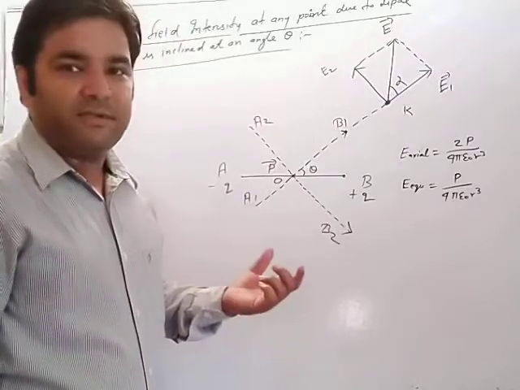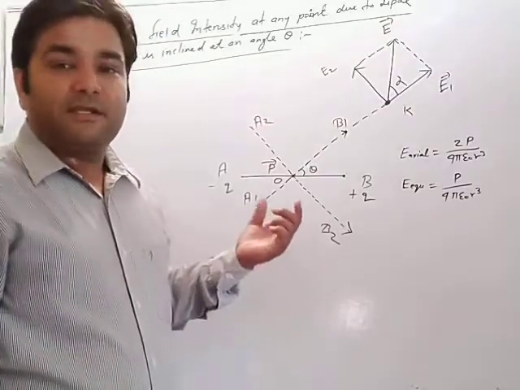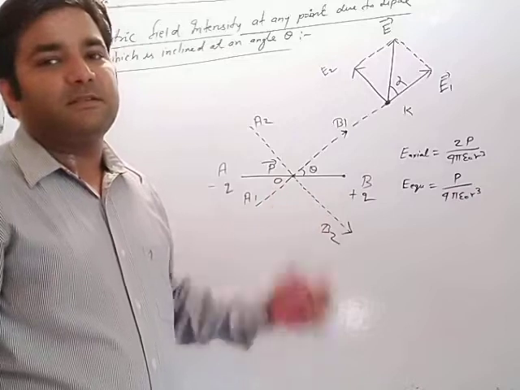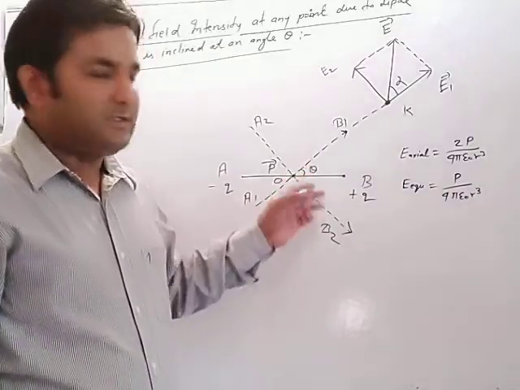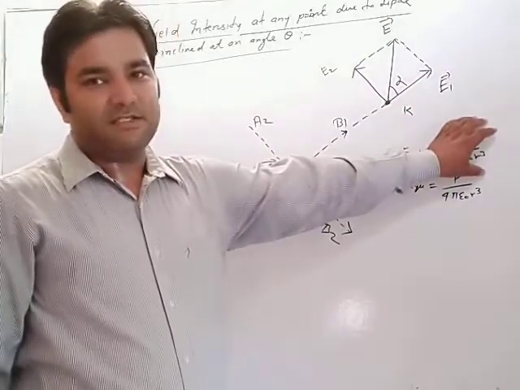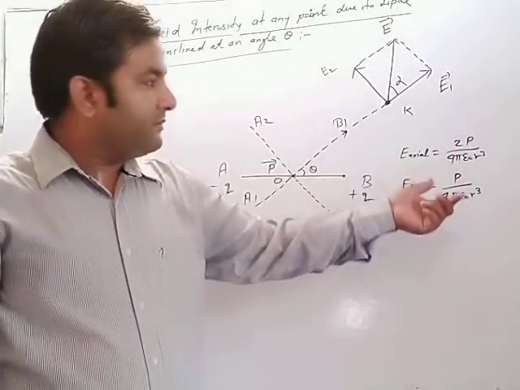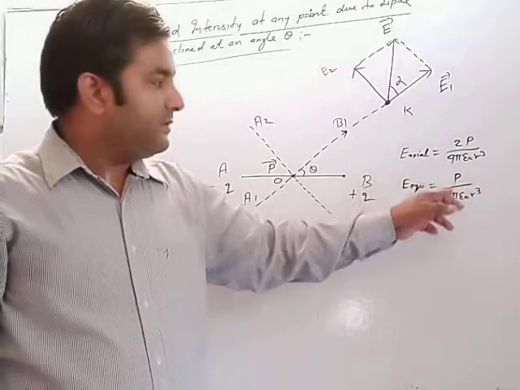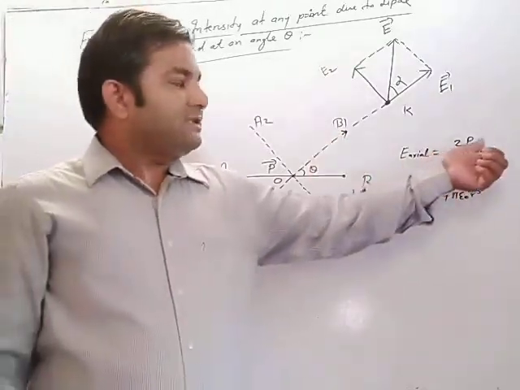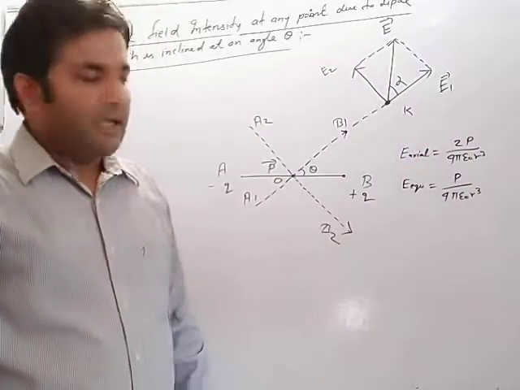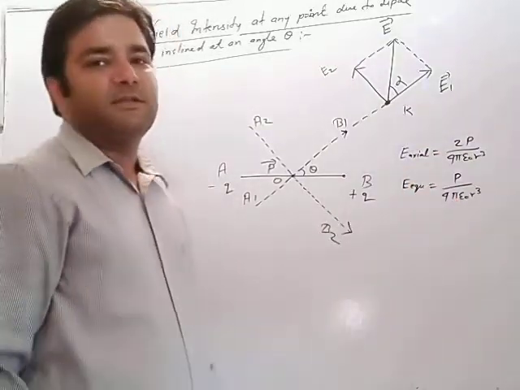So in terms of p, we use p cos theta and p sin theta. For the intensity we use the previous concept, 2p upon 4 pi epsilon naught r cube and p upon 4 pi epsilon naught r cube, but in place of p, in axial we use p cos theta, and in equatorial we use p sin theta.